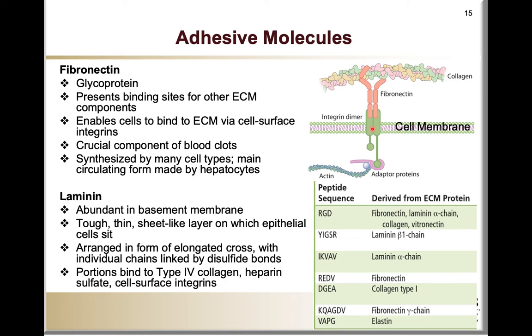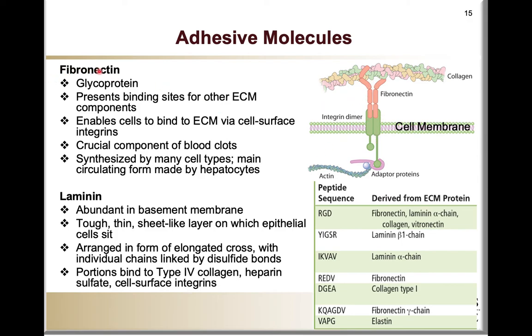The integrin molecules are then going to attach to specific proteins that are found in the extracellular matrix, namely fibronectin or laminin, which present specific peptide sequences that the integrins can recognize and bind to. And the fibronectin or the laminin are basically going to act as a linking molecule, linking the structural proteins of the extracellular matrix to your cells.